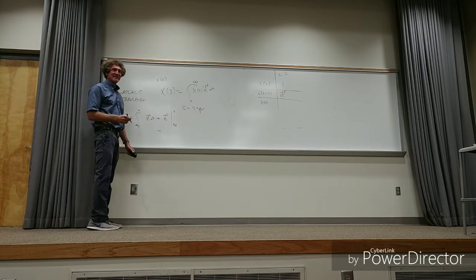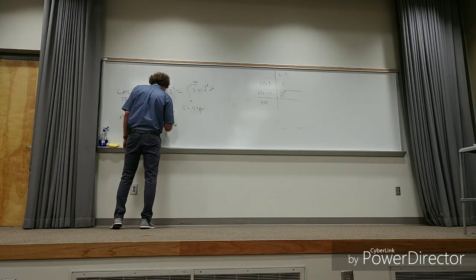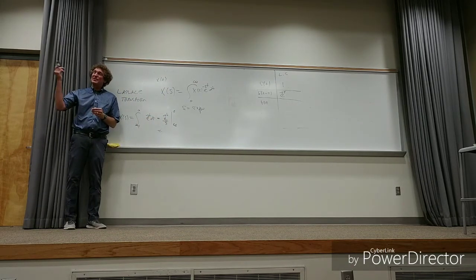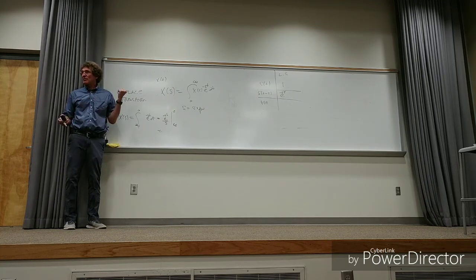What did I forget? 1 over s. There's a 1 over s here, isn't there, class? E to the minus st dt is really 1 over s with a minus, e to the minus st, right? Y'all agree with that?